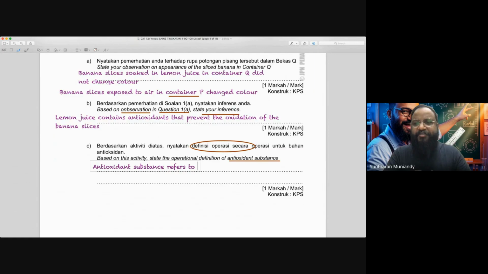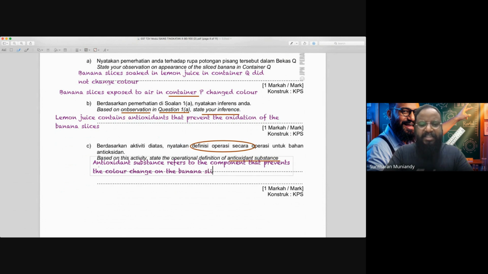Antioxidant substance refers to the component that prevents the color change on the banana slices.